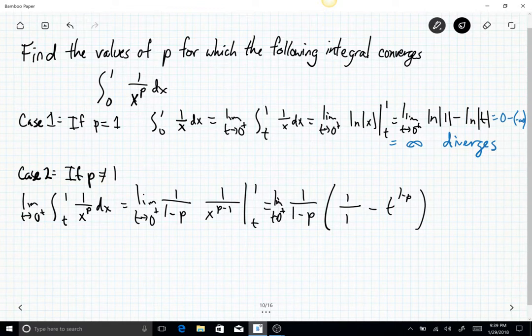So what we need, in order for that to stay in the numerator, is 1 minus p greater than 0. Okay? So if that's to happen, notice we have 1 is greater than p, or you can think of this as p is less than 1, right? Same thing, p less than 1.